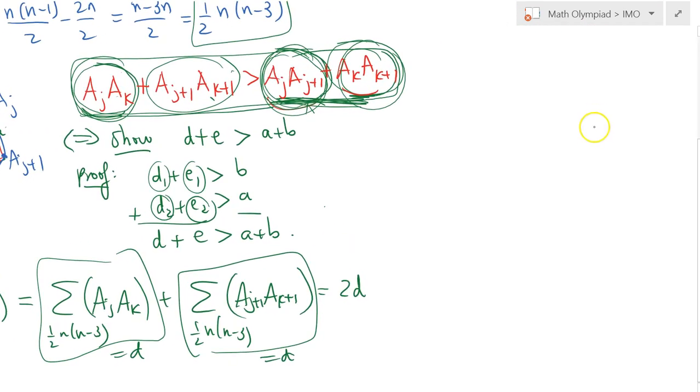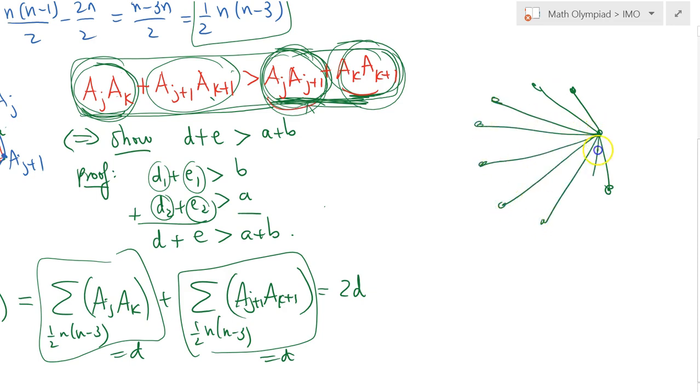Okay. So from each vertex, we have our neighbors, right? We don't want to go to our neighbors. We have all these diagonals, right? From each vertex, we will have n minus 3 diagonals come out of it, right? 1, 2, 3, 4, and so on. N minus 3 diagonals. So when I go to each of these diagonals, I will count any given edge how many times? N minus 3 times, of course.